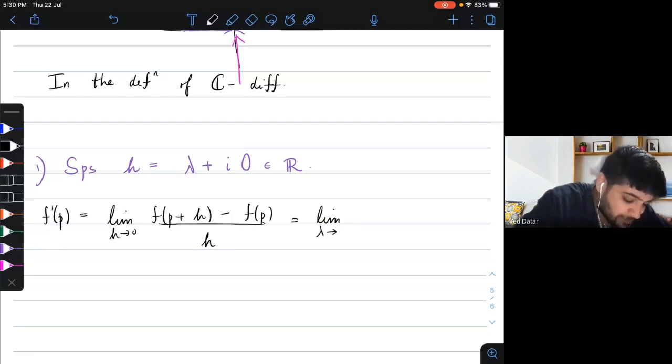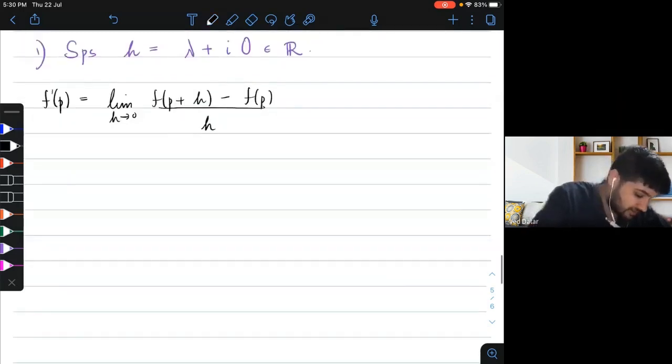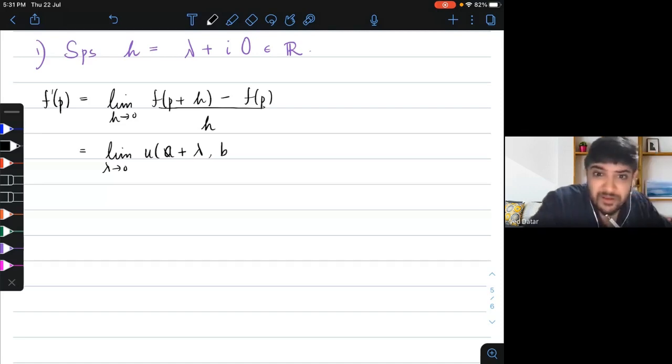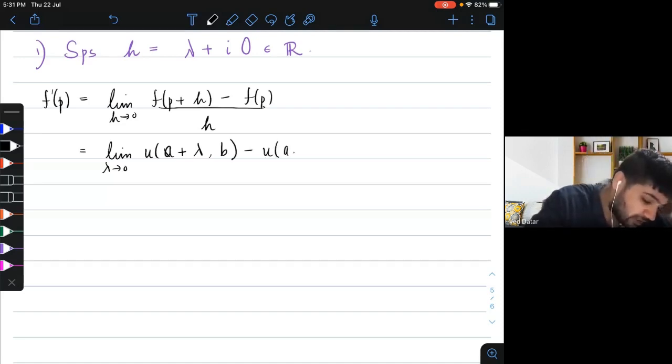So this is the same as the limit as lambda goes to 0 of u of a plus lambda comma b minus u of a comma b.